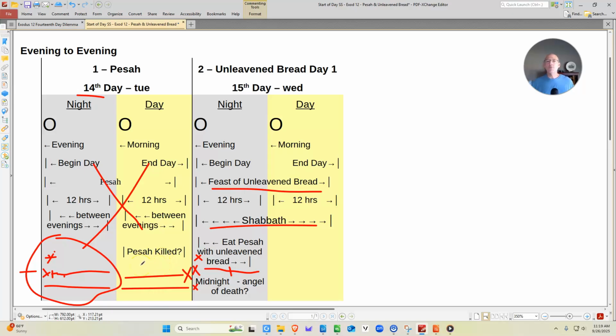But that's not what we've seen portrayed to us historically, and it's really not what's portrayed to us in the gospel accounts, and it's not what folks who are advocating for an evening to evening construct of the day, and then using Exodus 12 and the Passover meal, and the crucifixion week as evidences, are portraying.